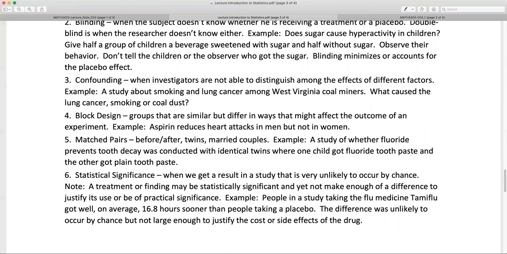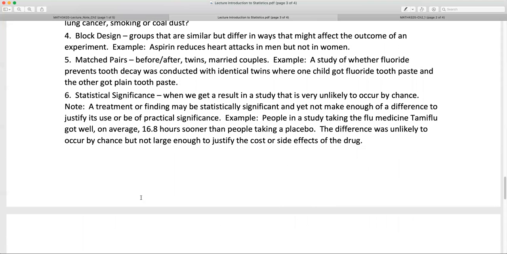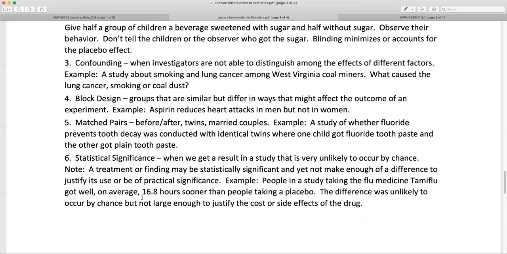And then block design: groups that are similar but differ in ways that might affect the outcome of the experiment. For example, aspirin reduced heart attacks in men but not in women. The fifth one is the matched pair: before and after, twins, or married couples.